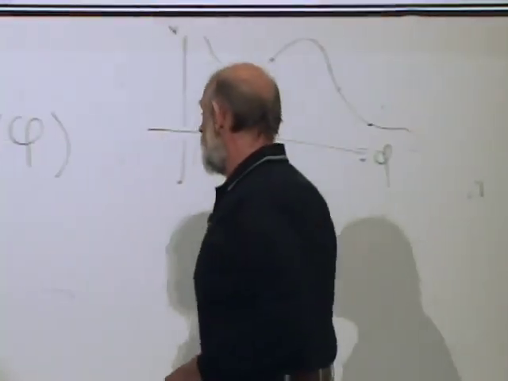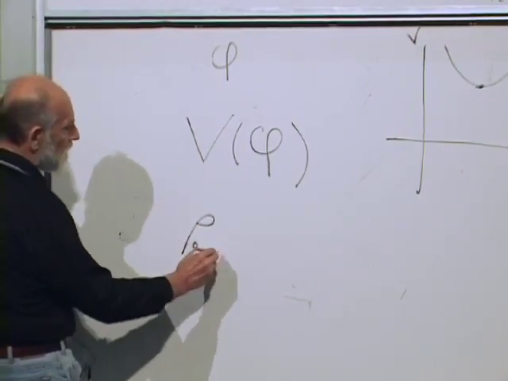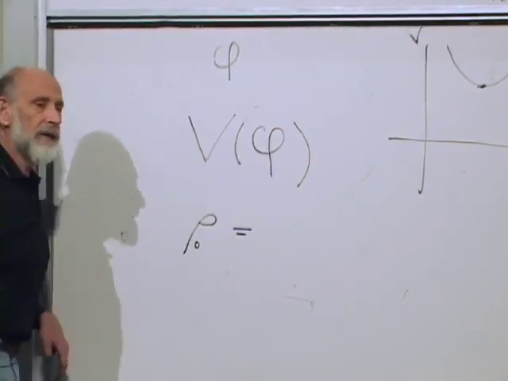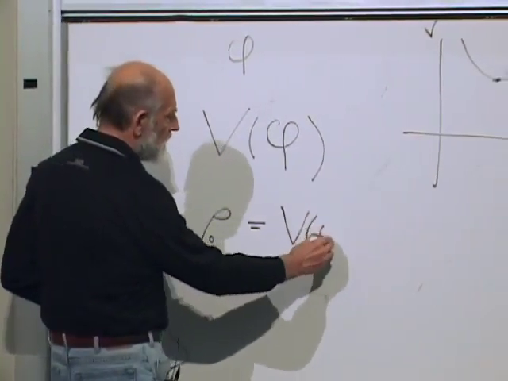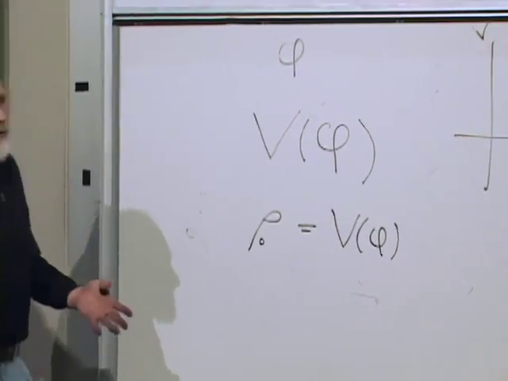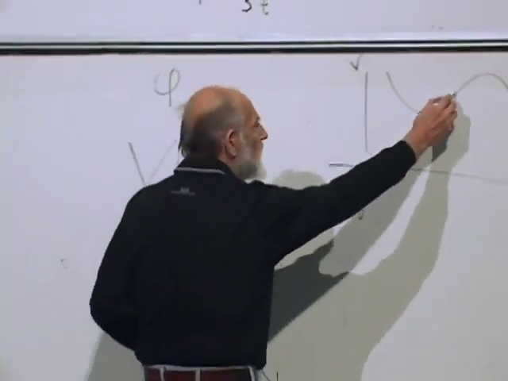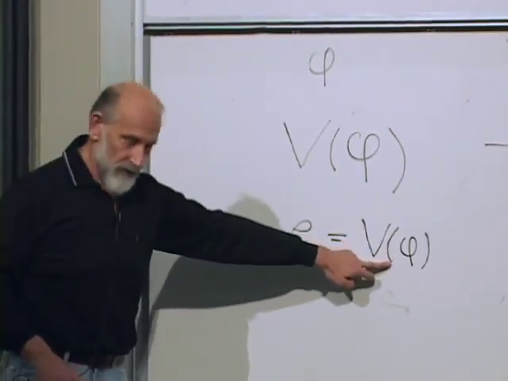So then, if that were the case, we would simply say that the vacuum energy is replaced by V of phi, where phi is the value that the field happens to have. It might be over here, it might be over here. As long as it's not changing with space or time, it would just be a constant.